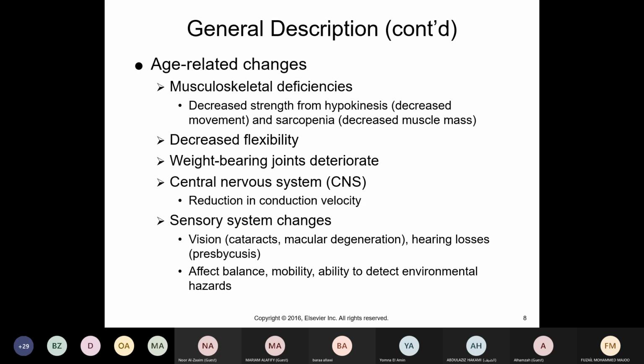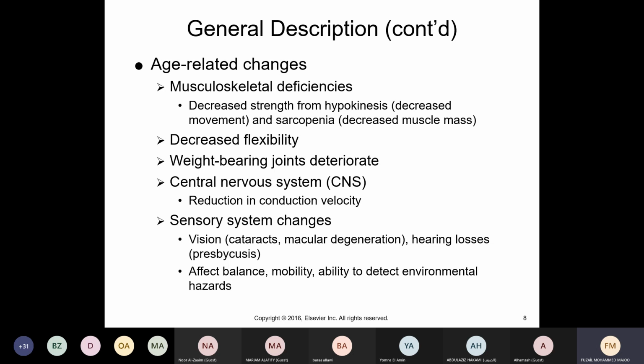Okay, no, I didn't. So again, when you look at age-related changes, you have musculoskeletal deficiencies that also arise. Because of musculoskeletal deficiencies, there is decreased muscle mass. When you have a decrease in the mass of muscle, that can also lead to hypokinesis.